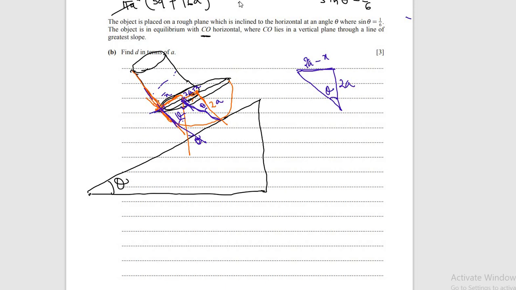At the point of tilting, this line will be tangential to this place. So from here to here is 2a, which is the same thing as here, 2a. So this place is our x, and the remaining place will be 2a minus x. So it forms a triangle.